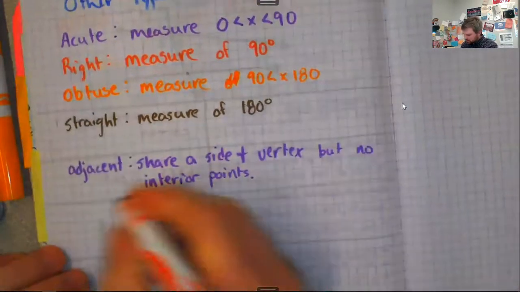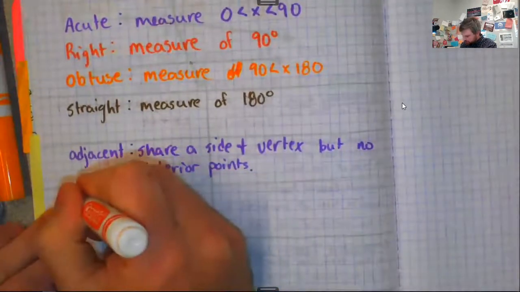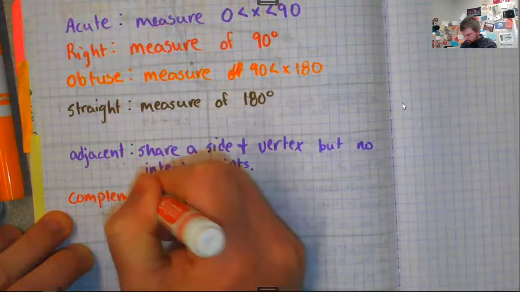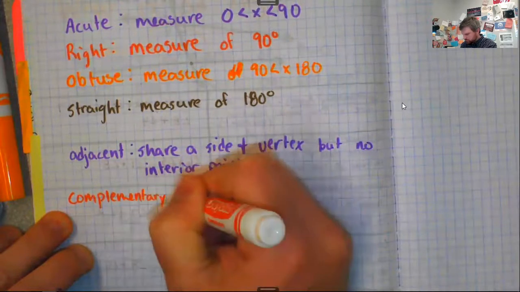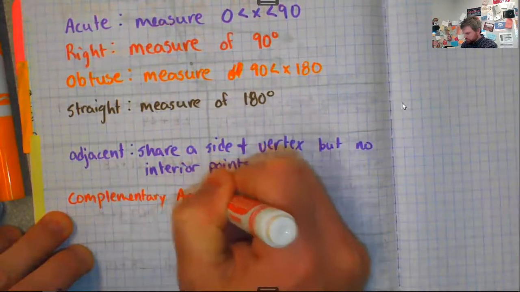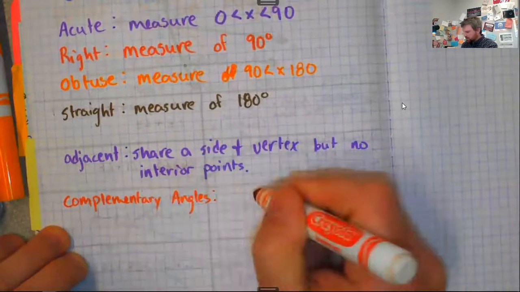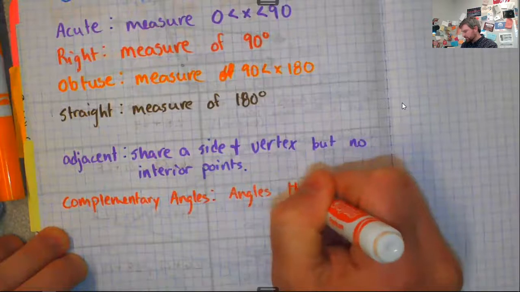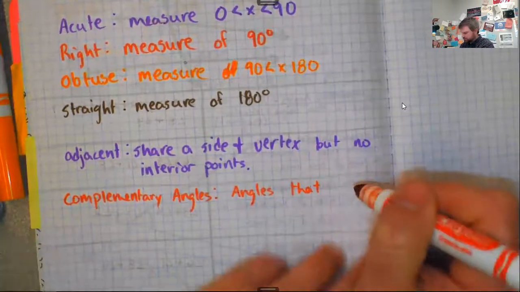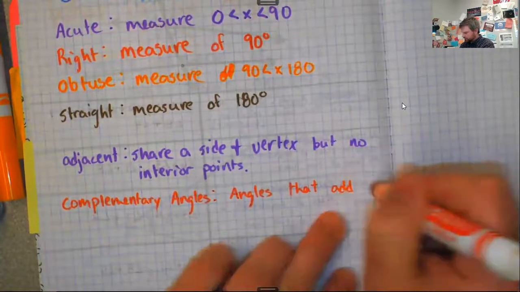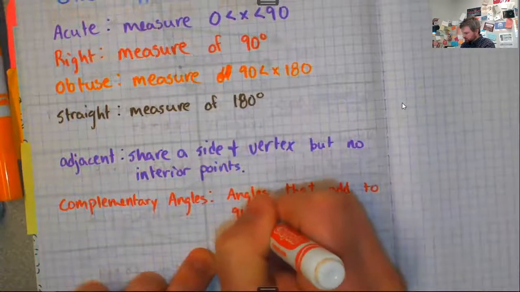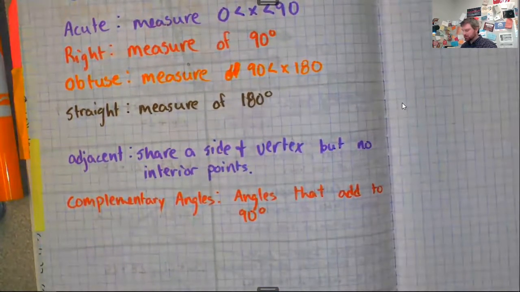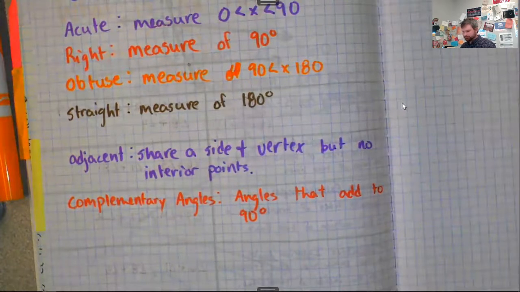The next thing are complementary angles. These are angles that add to 90 degrees. Okay, so if you have 2 angles that add up to 90 degrees, they are complementary.